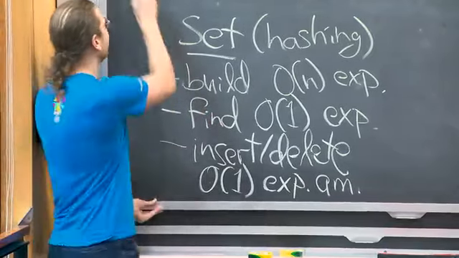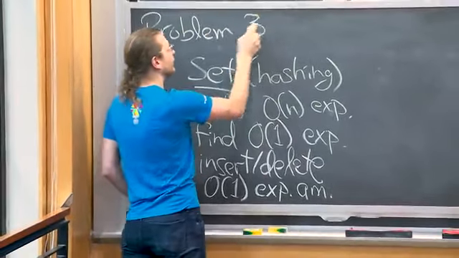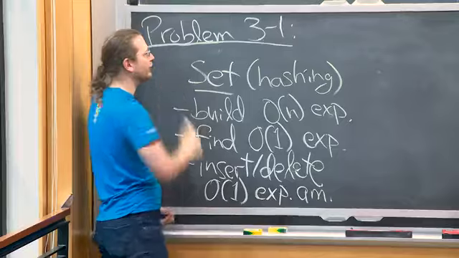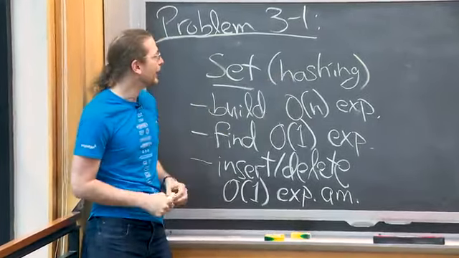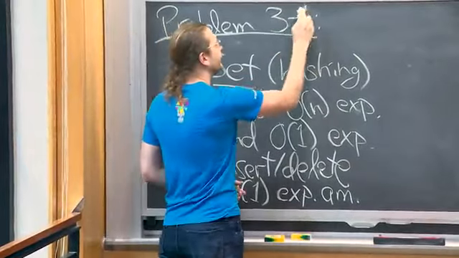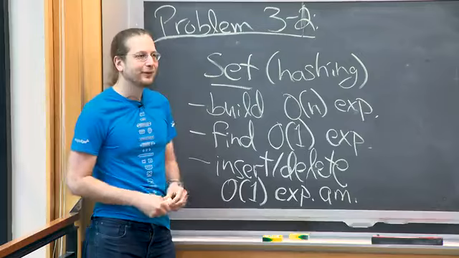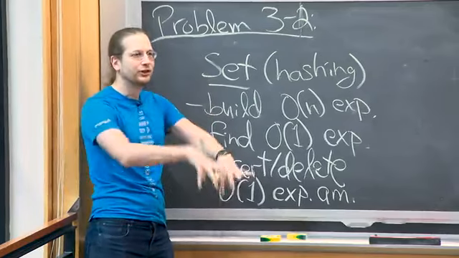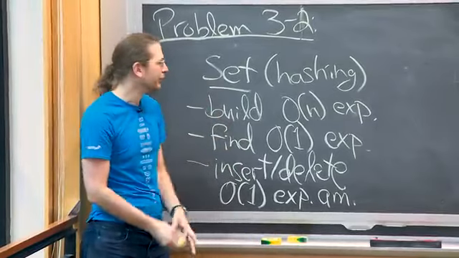The problem statement says that imagine you're given a hash table as a black box, which means we're given something that behaves just like a hash table, but we're not allowed to reach in and change the implementation details. We're supposed to use it as is, just by calling its interface.